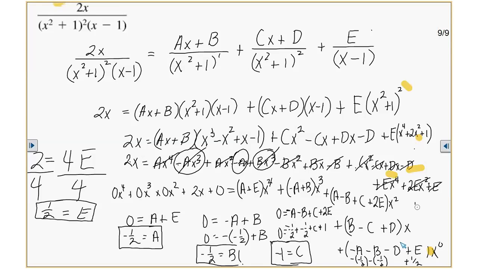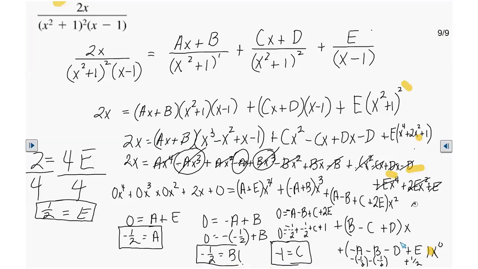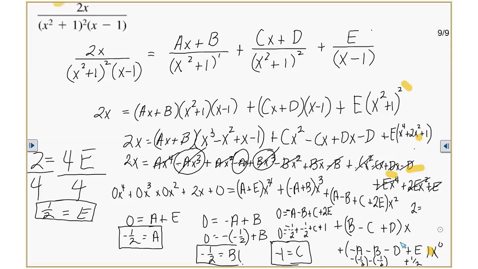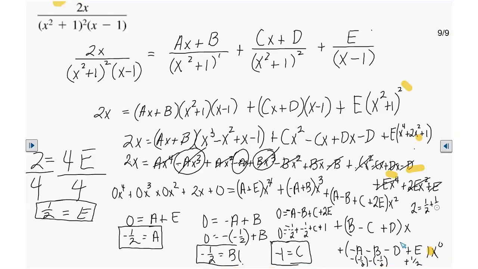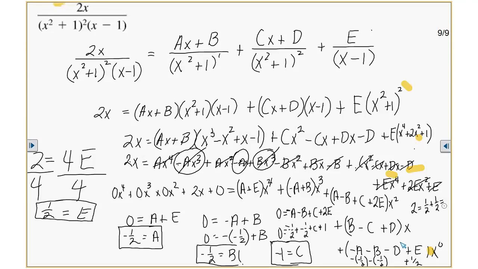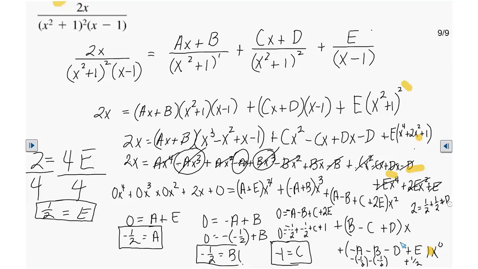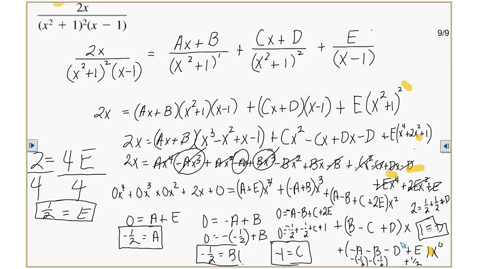So 2 is equal to negative 1/2, which would be 1/2 plus 1/2. There we go. Plus D, and D is equal to 1. Now that should be what they got. And then you can take the rest and plug it in to get the rest.